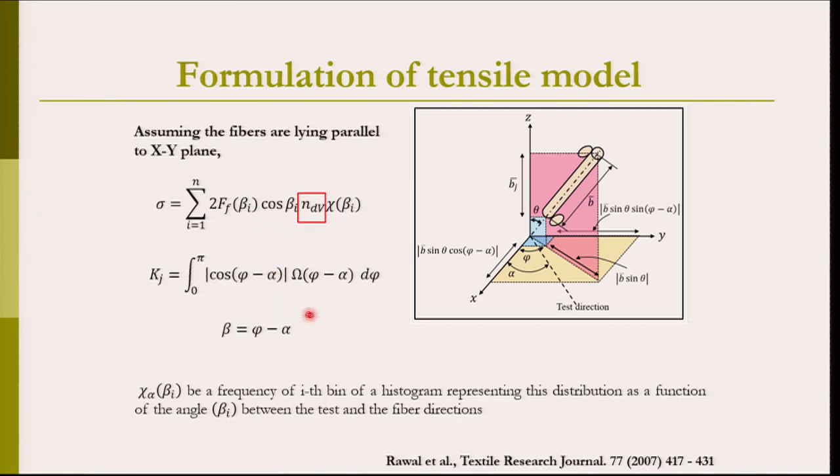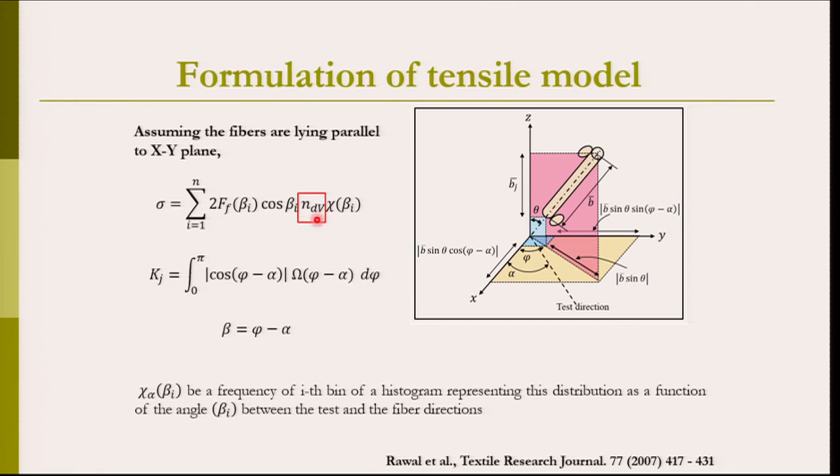So, beta, if you see here, is psi minus alpha, where psi is the alignment of the fiber and alpha is the defined test direction. So, Ff cos beta is the projection of the fiber on the test direction where we are testing the material, and then we have chi beta, which represents the orientation distribution of the fibers, and then we multiply here with the help of NdV again.